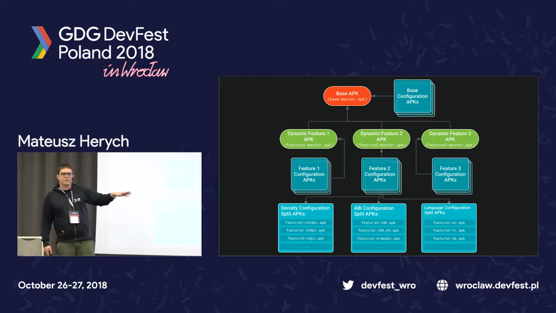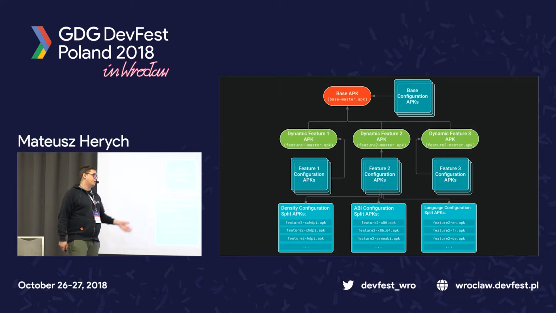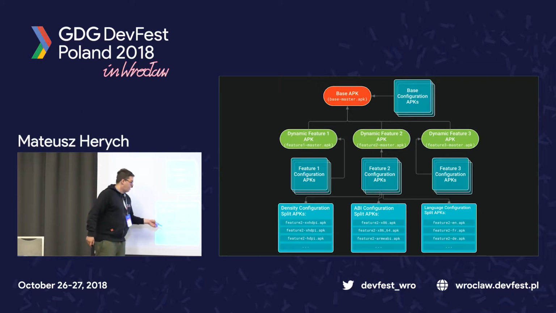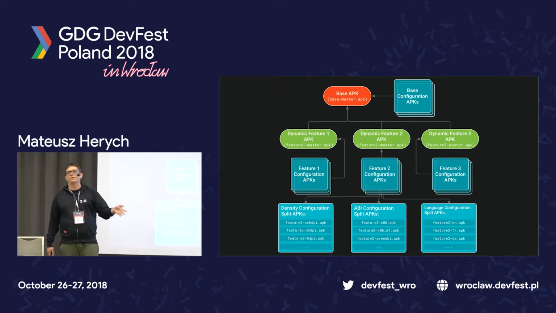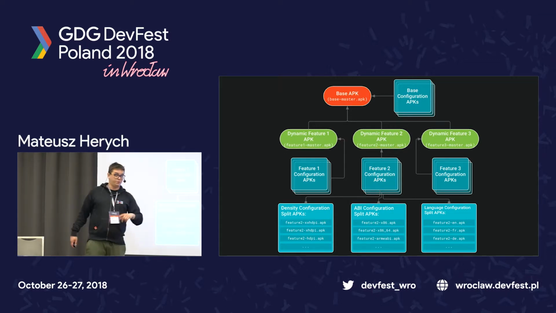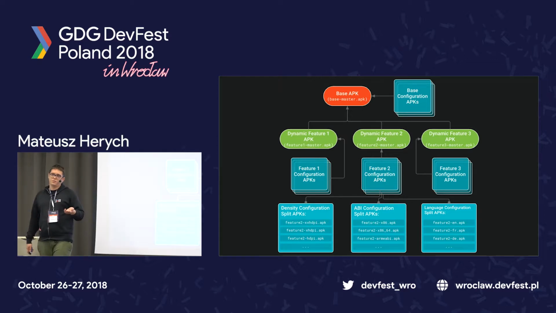Apart from this, there is also dynamic delivery, which is pretty nice. Because when you have a device with an XXHDPI screen, you probably don't need all those icons for different screen densities. The same sometimes goes for languages, with some exceptions, and for native libraries as well.